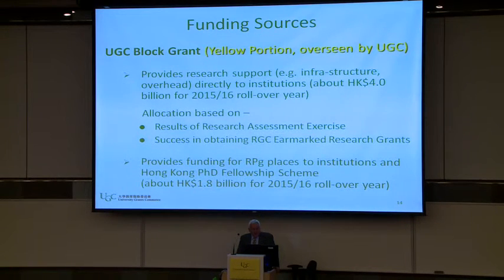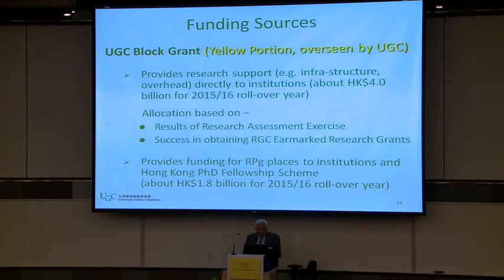One is based on the results of the recent research assessment exercise, and the other engine is the success in obtaining RGC earmarked research grants. So those twin engines drive that 65% of the research portion.